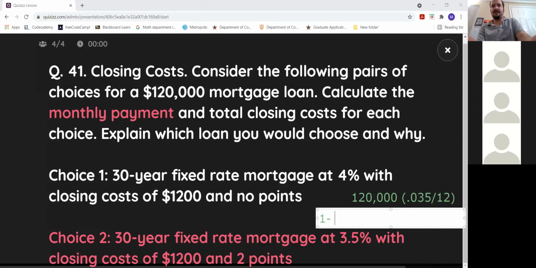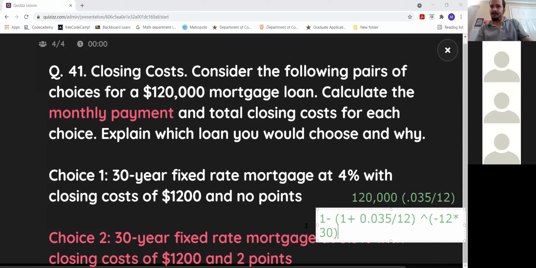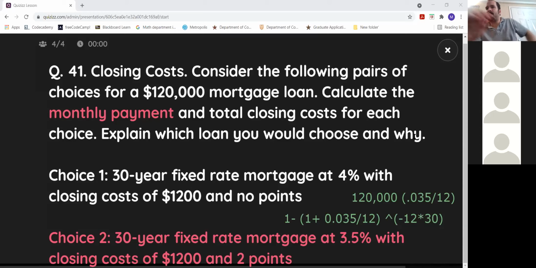On the bottom I have something that looks similar, but it's 1 plus, 1 minus, and I did do the 0.035 divided by 12 on the bottom. And I'm doing this to the negative 12 times 30. Oh, okay, I know what I did wrong.